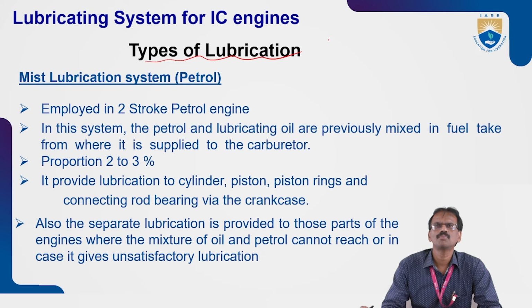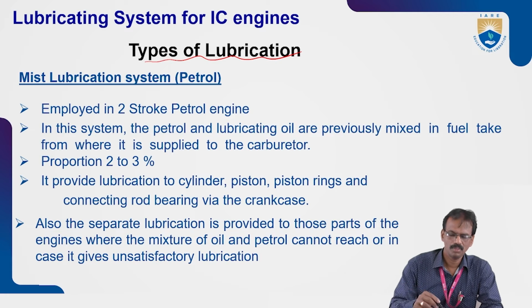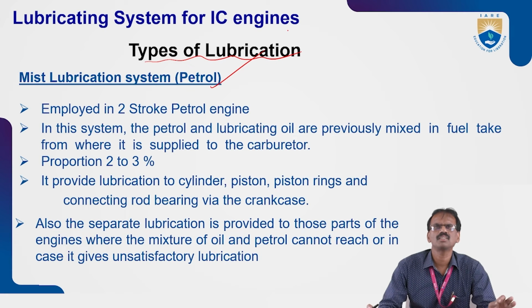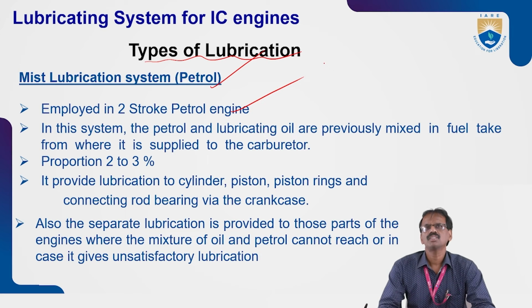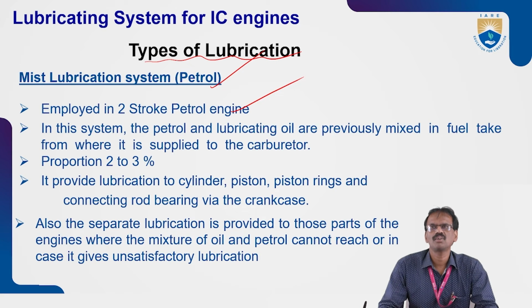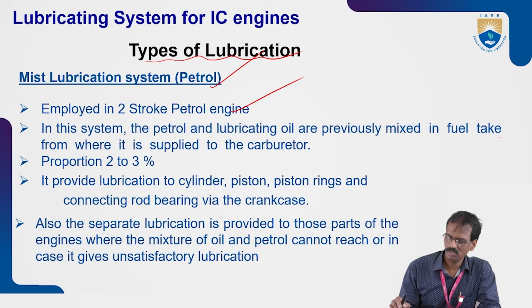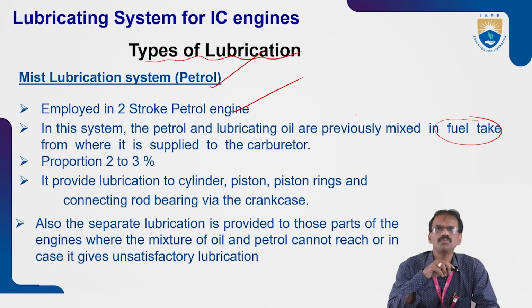So the mixed lubrication system, or petrol system, is mainly employed in two-stroke petrol engines. In this system, the petrol and lubricating oil are previously mixed in the fuel tank, from where it is supplied to the carburetor.